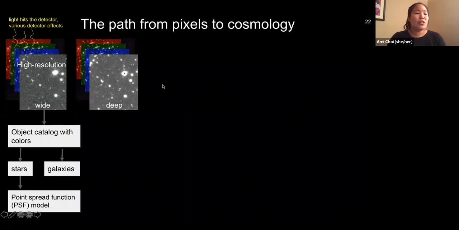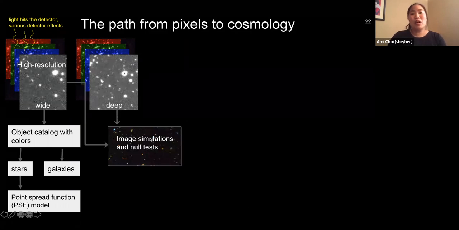From these images, you can build an object catalog with colors, and you can separate these objects into stars and galaxies. And the stars are very important here because we know that they should look like point sources. And if we model how not point-like they are, we can get a sense of what is the point spread function model.